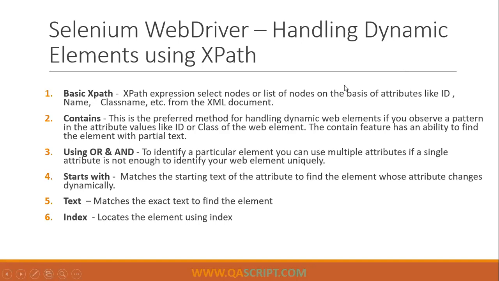handle these dynamic elements. These are the 6 methods which I have listed down, using which you can handle dynamic elements. The first one we have already looked at: we will be using the basic XPath, which means you can use the relative XPath for an element, or you can use a static XPath.